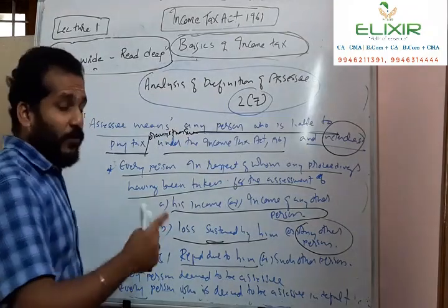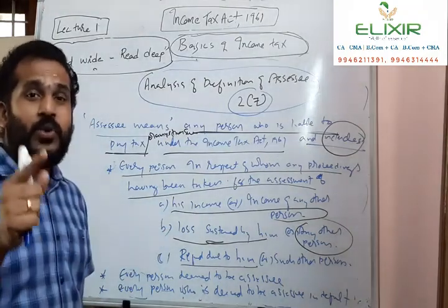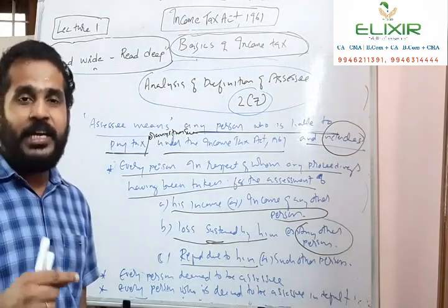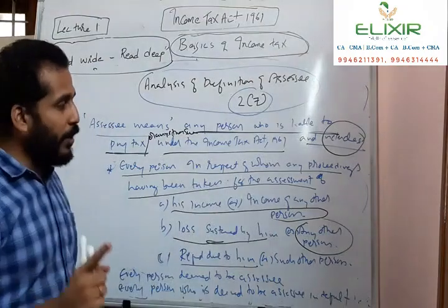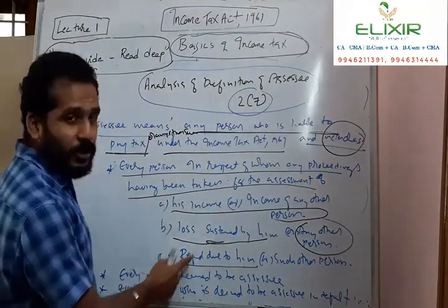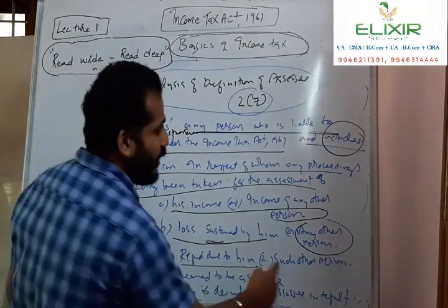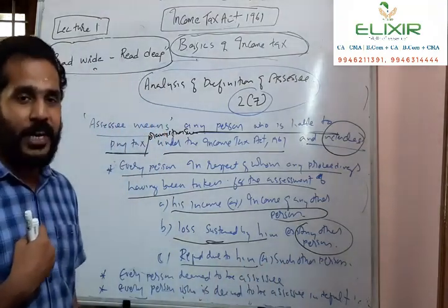So, if for that purpose the income tax department assesses my income to determine whether I am eligible for the refund, the assessment will take place. If the department makes an assessment of the refund due to me or the income of any other person, I can still be treated as an assessee.